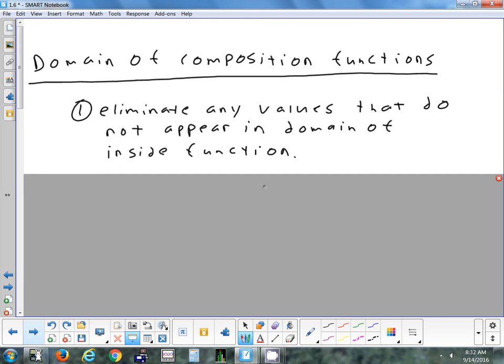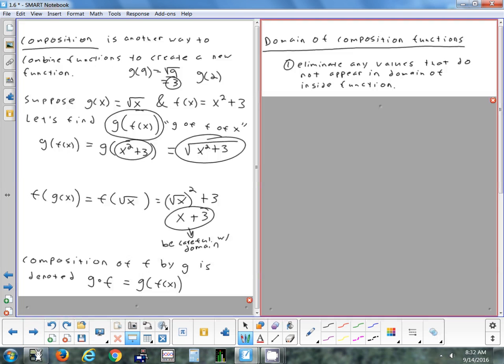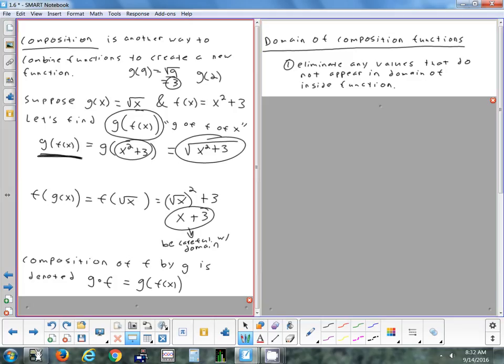So if I was looking at this last problem, I would start with f of x, and I would write my domain based on f of x as a starting point, and I would eliminate any values that I am not allowed to use in f of x.